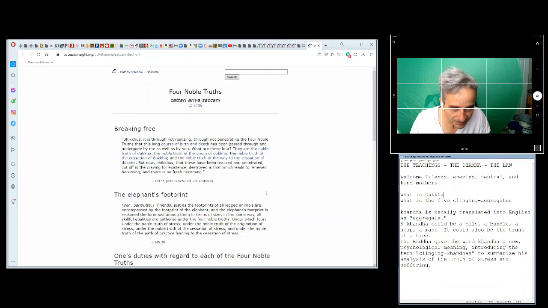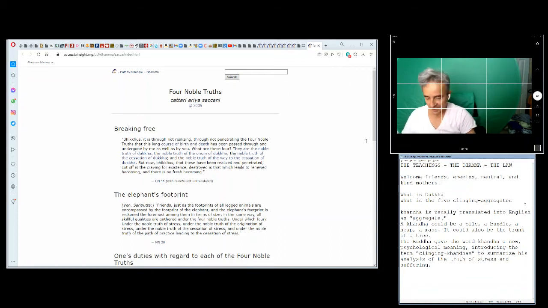The Dhamma in Sanskrit, Dhamma is Pali, and Dharma is Sanskrit, right? And so there's a variety, like the other word, dukkha.